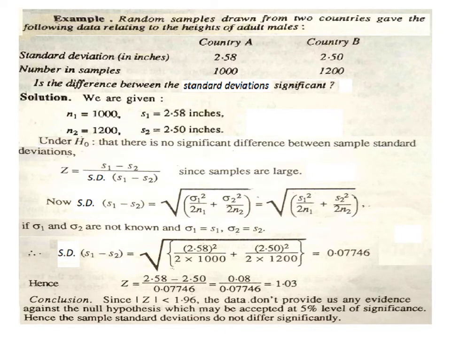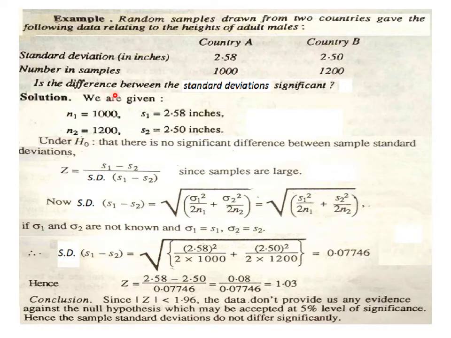As you can see, the problem is given: random samples drawn from two countries gave the following data relating to the heights of adult males. For countries A and B, the standard deviations in inches are respectively 2.58 and 2.50, and the numbers in the samples are 1000 and 1200.